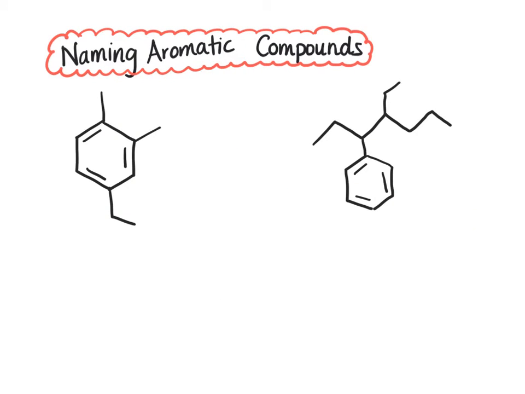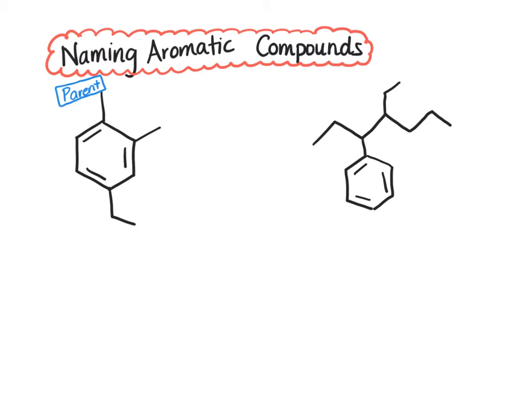So we're going to talk about how we name benzene. There are 2 possible ways to name benzene, depending on if benzene is the parent or if benzene is merely a group. In this first example, benzene is the parent. So it is both the longest chain and the most branched chain.